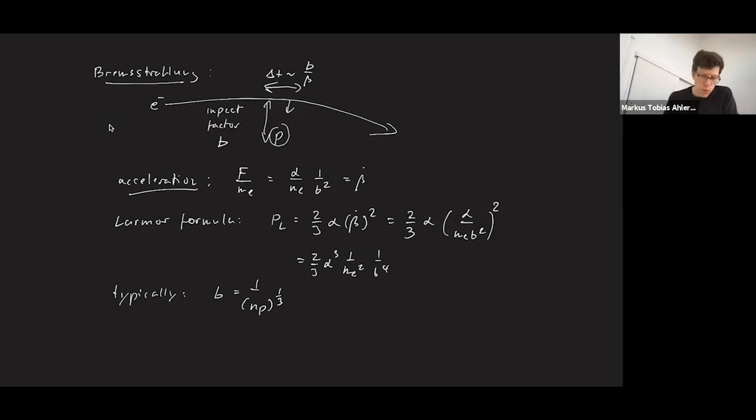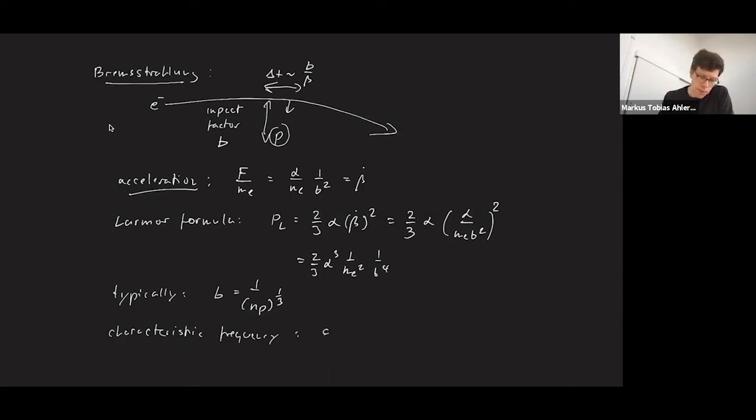And we can also estimate a characteristic frequency. So the energy of the emission and this characteristic frequency of the emission, that is again related to the time that the electron is passing in the vicinity of the proton.